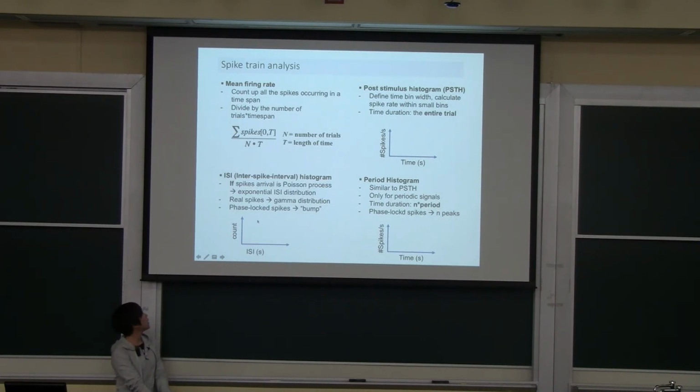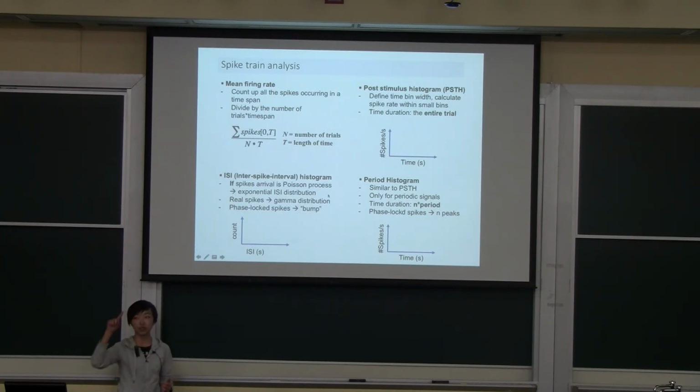Then some features for ISI: if you have a perfect Poisson process, then the ISI should be an exponential distribution. But in the real case, you don't have this exponential distribution because spikes have a refractory period, so it roughly looks like a gamma distribution.